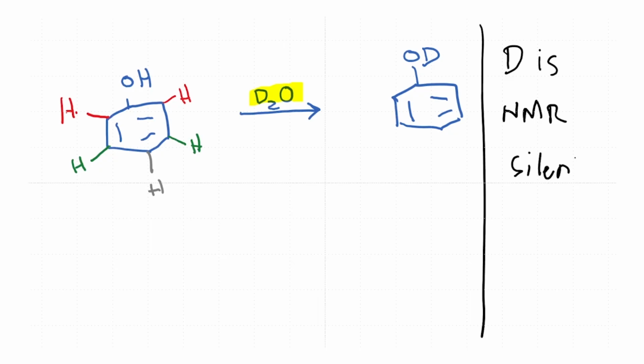Which means that under the conditions under which you do recording of a proton NMR spectrum, deuterium is silent. So once you replace hydrogen with deuterium, that peak will disappear.